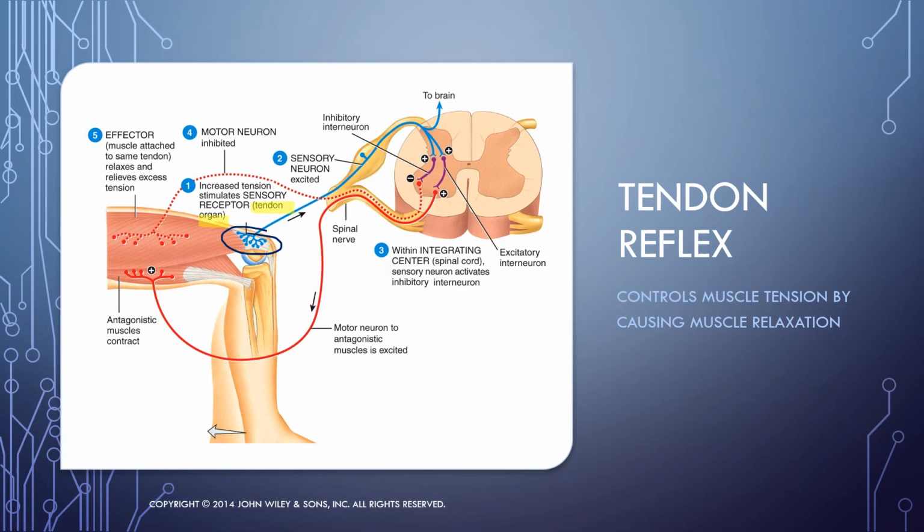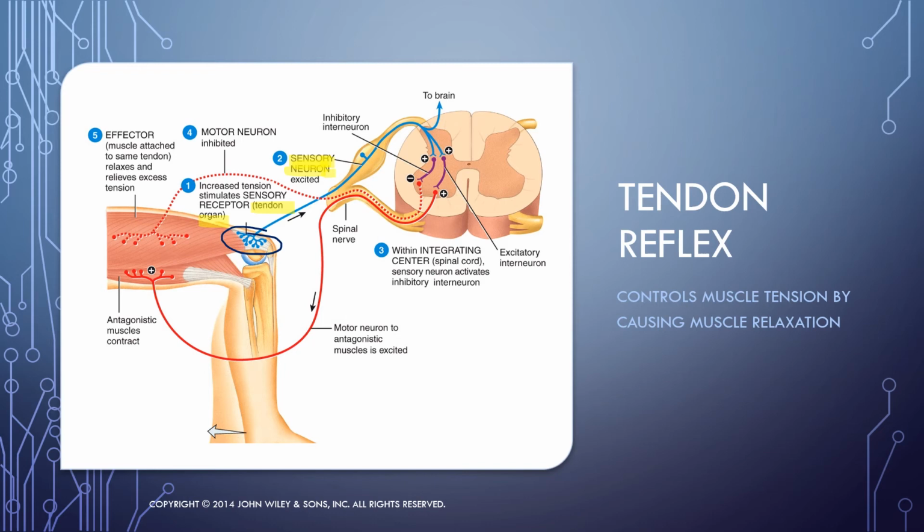So here you can see in this diagram, the increased tension in the tendon is going to be detected by these Golgi tendon organs, and that information is going to go via the sensory neuron to the spinal cord.